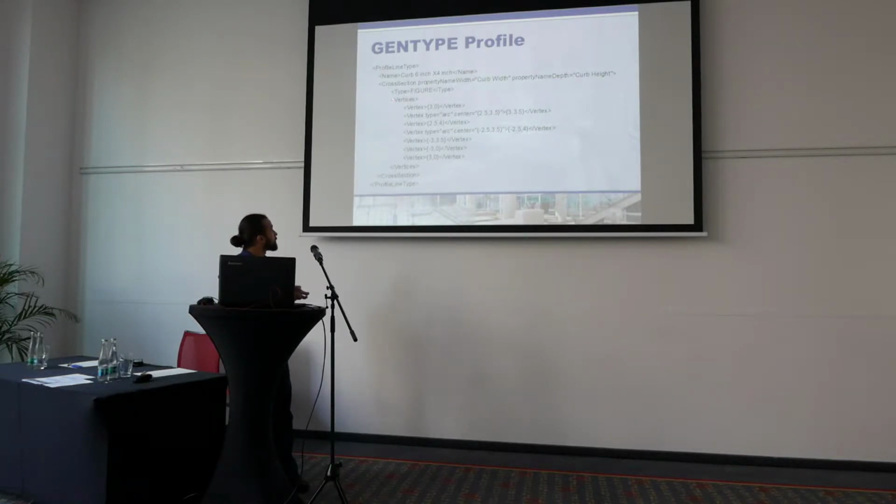Inside, tag type defines type of cross-section, which could be hollow or solid. In the vertices section, we have the definition of a two-dimensional polyline that describes the cross-section itself. In this polyline definition, we can use linear segments and arc segments too.